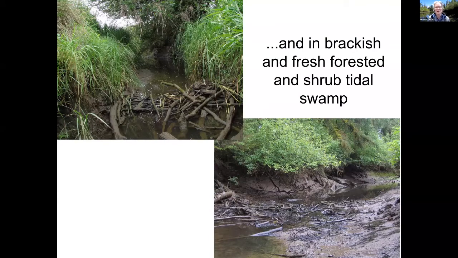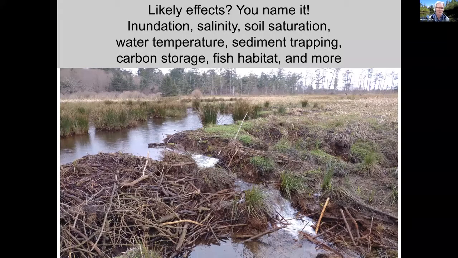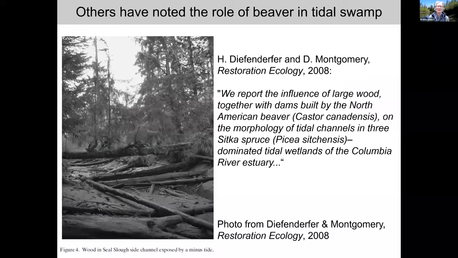And the effects of beaver dams in a tidal wetland are pretty much everything. They'll affect the inundation regime, salinity, the soil saturation, water temperature, you name it. Beaver are very important in these systems. And there's been some neat studies on beaver. Heida Diefenderfer's thesis was on the morphology of Sitka spruce tidal channels, and she talked quite a bit about how beaver affect that morphology.